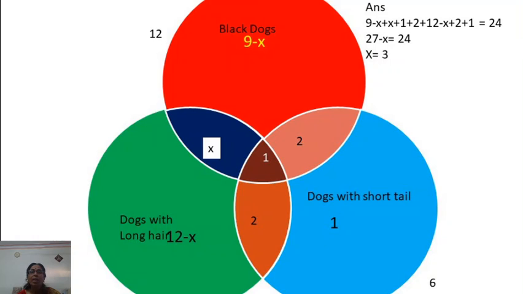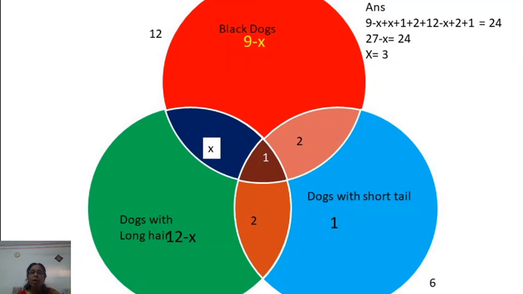So these are 9 dogs, 9 plus 2 is 11, 12. 12 dogs are black, 6 dogs have short tails, and 15 dogs have long hair.